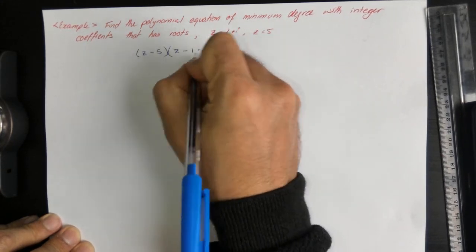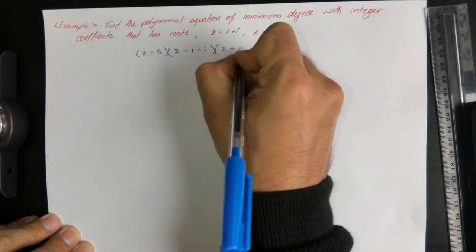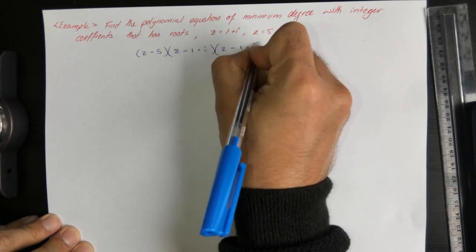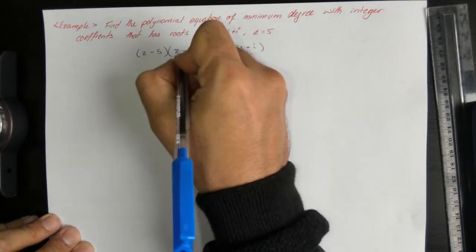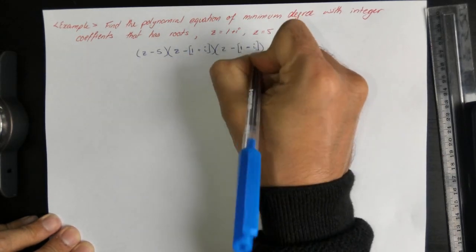Now we need to have the conjugate for that as well, which is z minus 1 minus i.